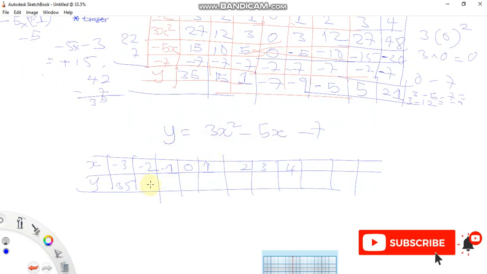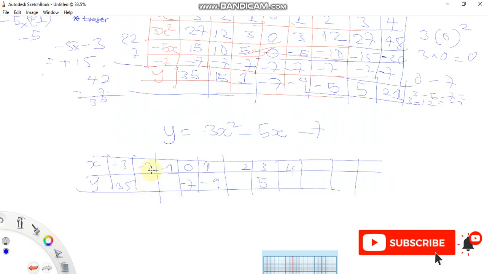So we are given 35, minus 7, minus 9. So for 0 minus 7, minus 9, and then we are given 5. Okay, and we are supposed to find the rest of them.